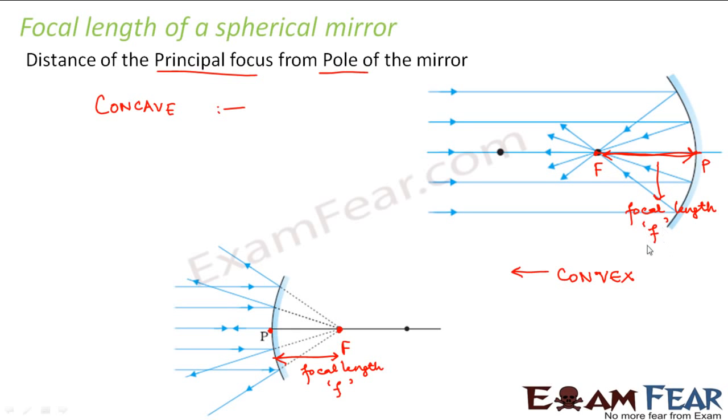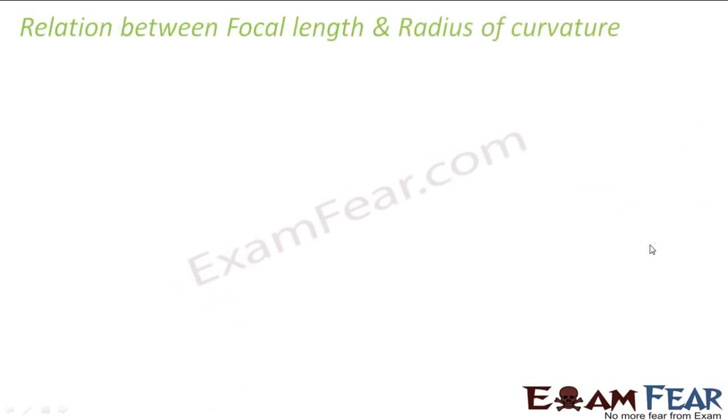So please remember these letters which we use to denote these terms, because everywhere we will use the same abbreviations. For focal length we will use a small f. For principal focus we use a capital F. For pole we use a capital P. So please get used to all these abbreviations.